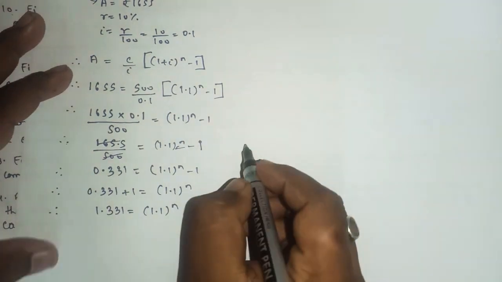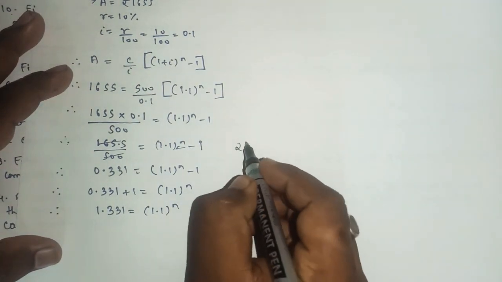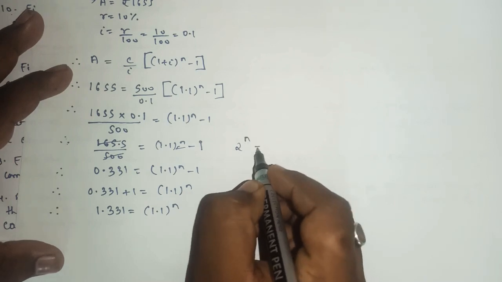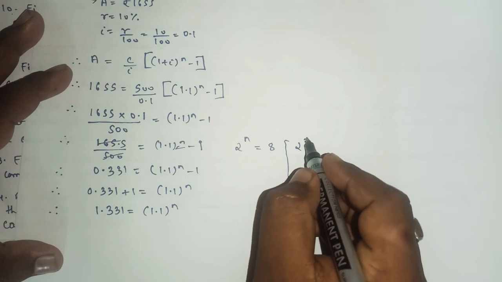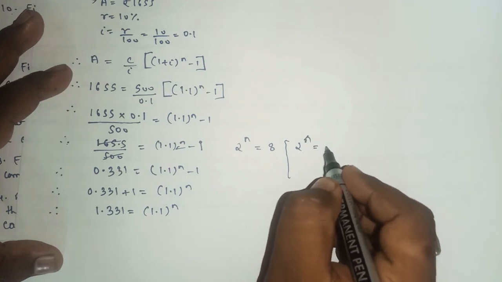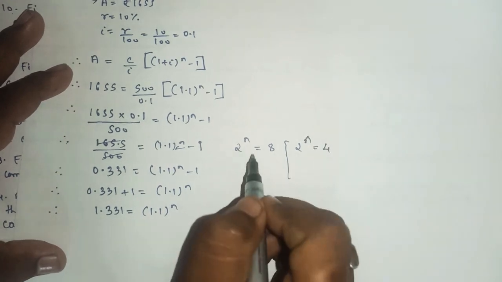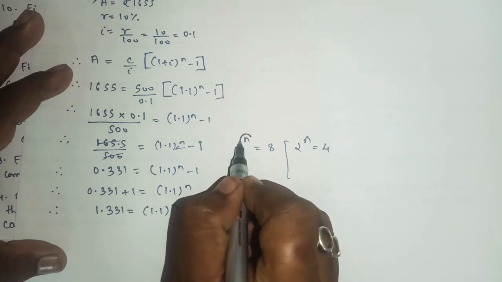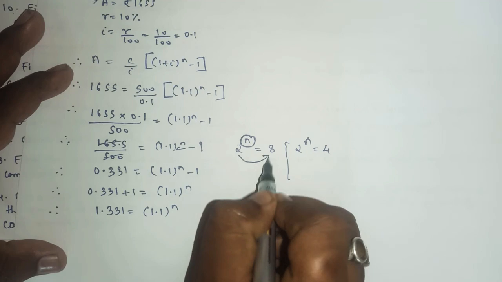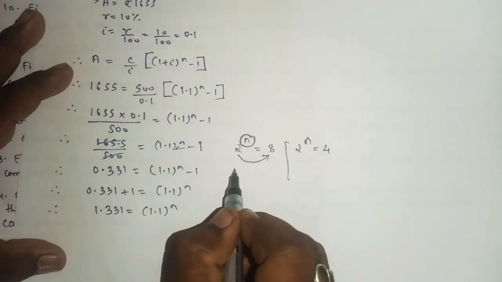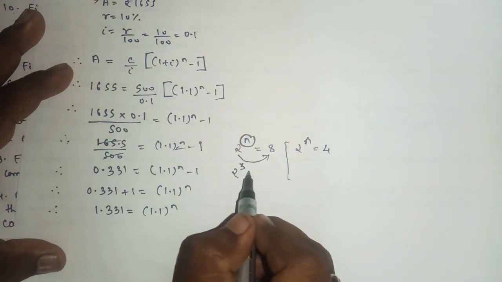Suppose if I say 2 raised to n equals to 8, or 2 raised to n equals to 4. So here what value should come so that it matches your right hand side part? Can I say 3 should come?